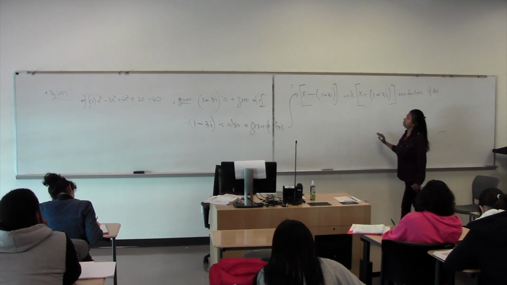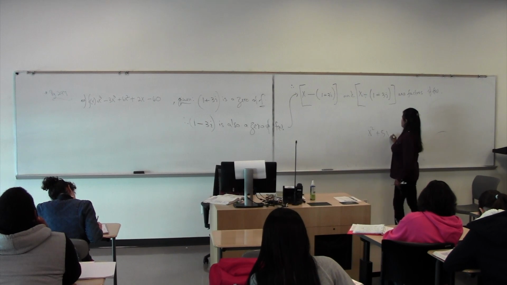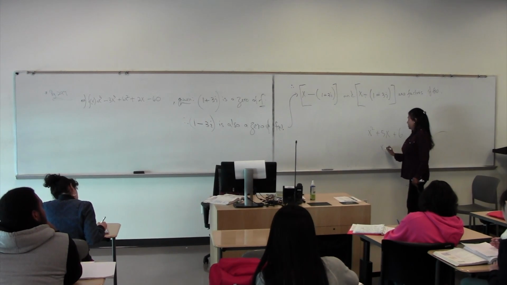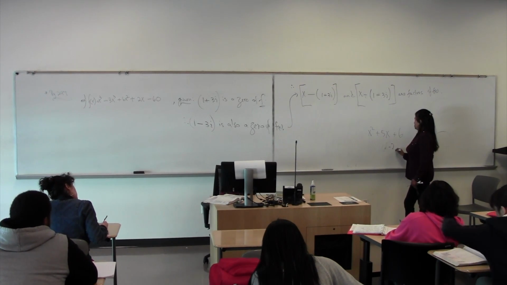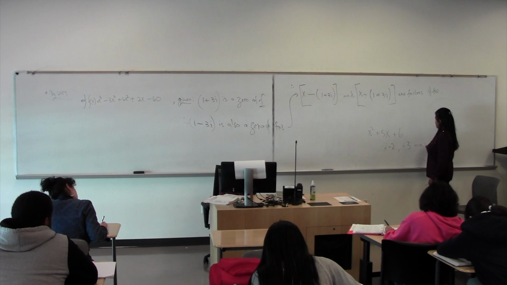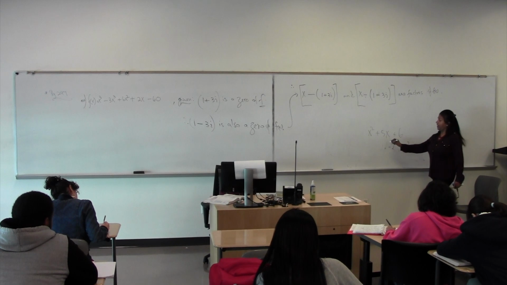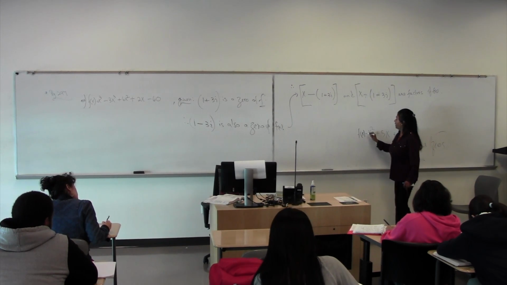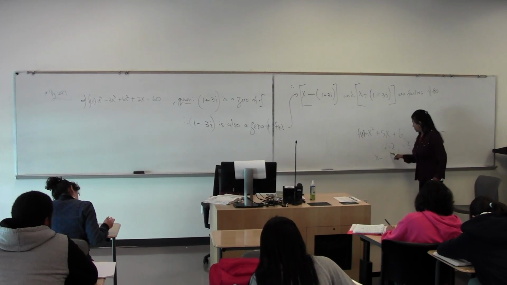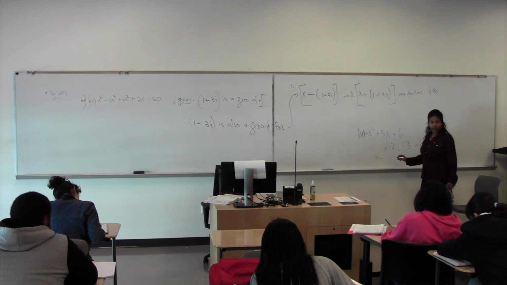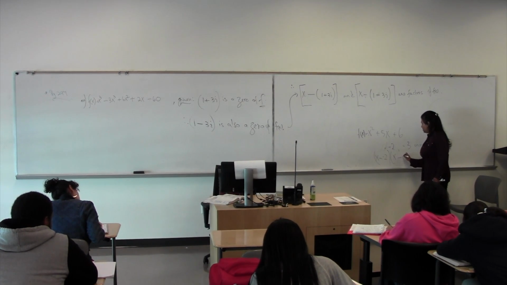Yes. Okay, so now what can we do? If I say negative 2 and negative 3 are zeros of this f of x, I can take each factor, x minus 2 times x minus 3.